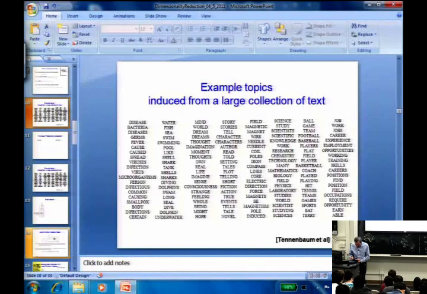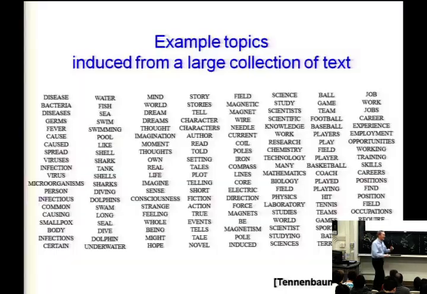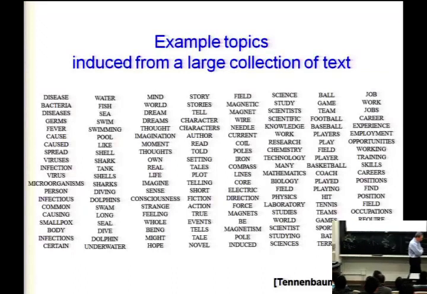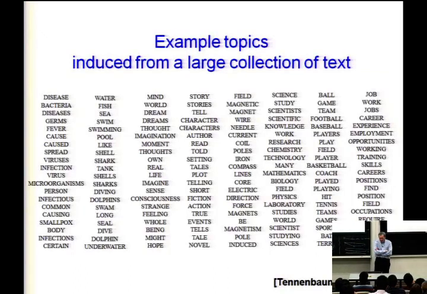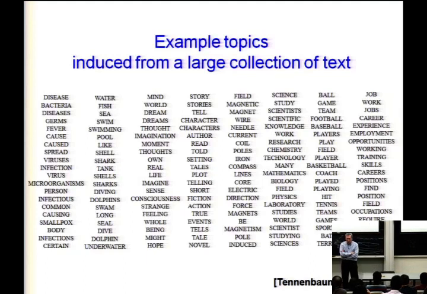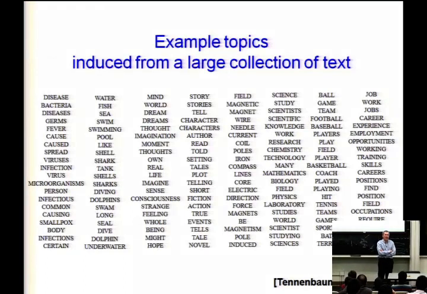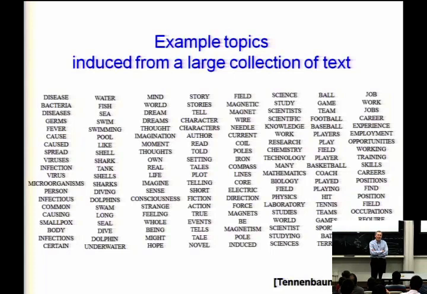So I want to talk about another approach to, again, learning alternative representations of data. This one you may have heard of is called latent Dirichlet allocation, mostly called that by people who like a lot of syllables in their words.